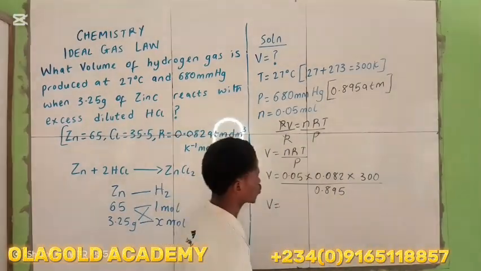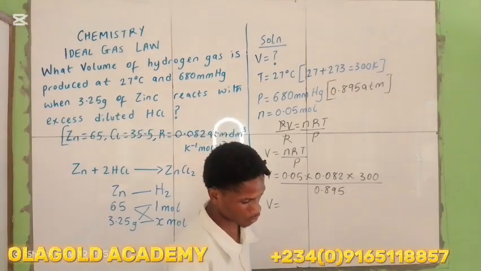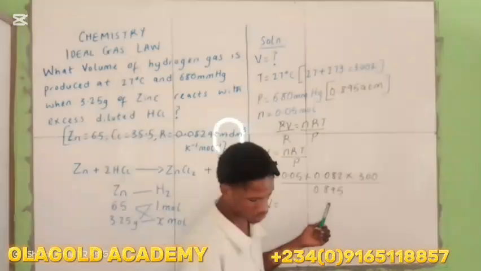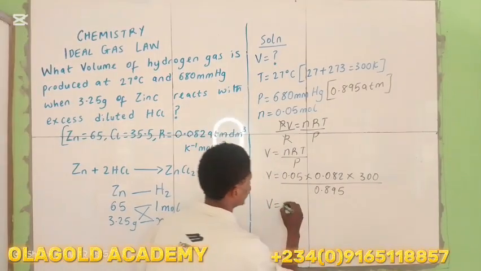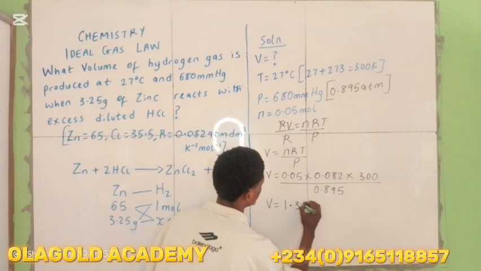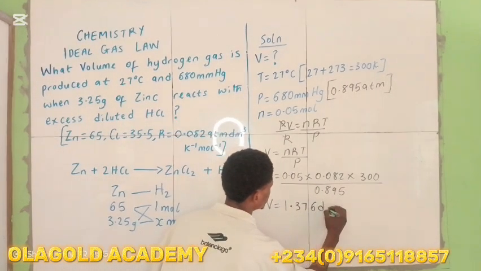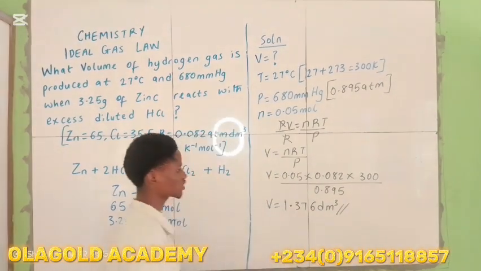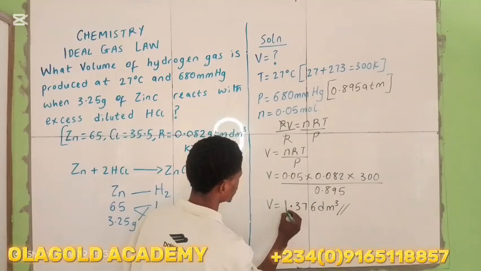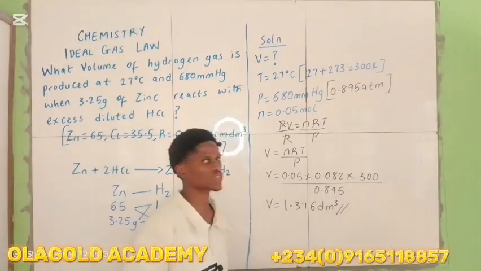We press our calculator and we are going to get 1.376 dm cube as our final answer.